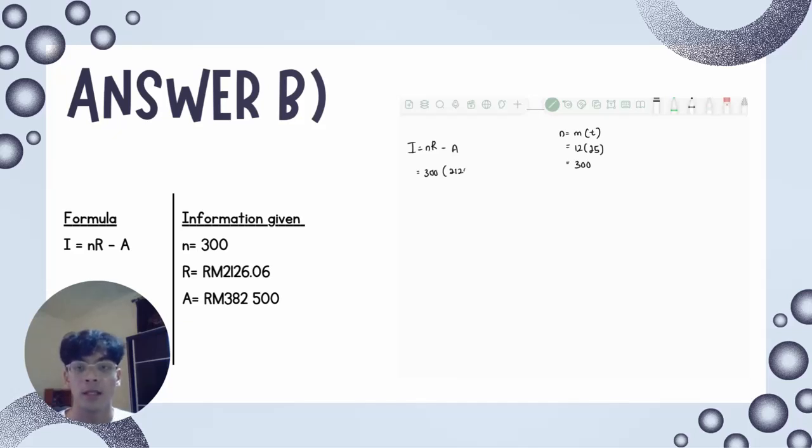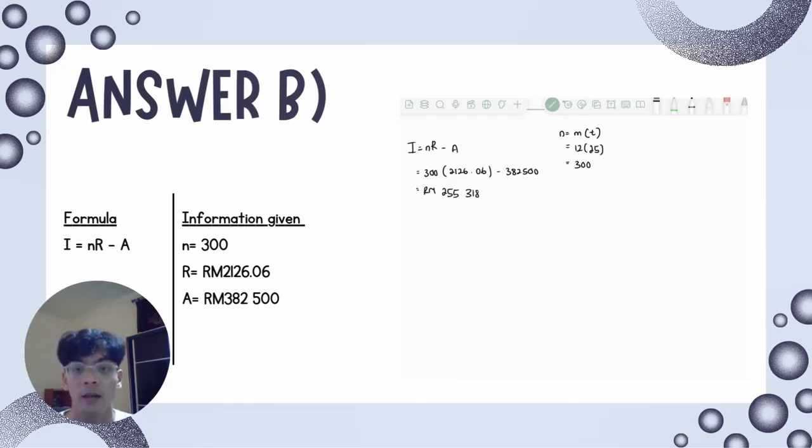Insert the value into the formula. n, which is 300, multiplied by R, 2,126 and 6 cent, and then minus the value A, which is the present value, 382,500 ringgit Malaysia.